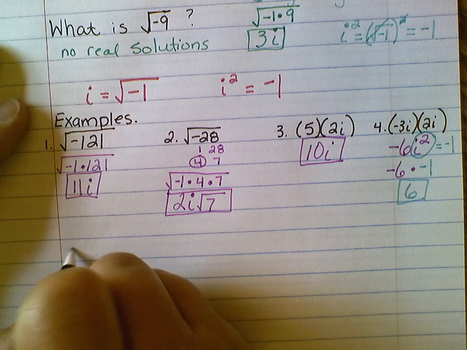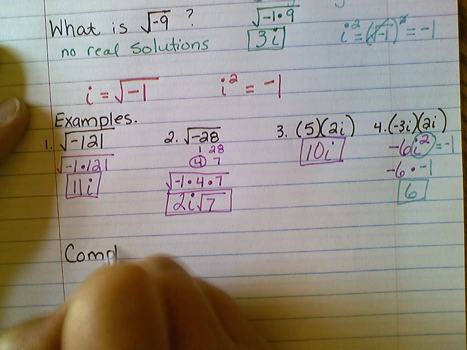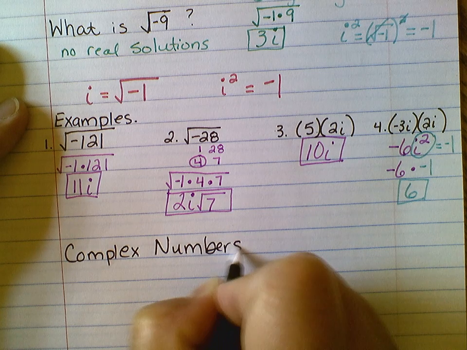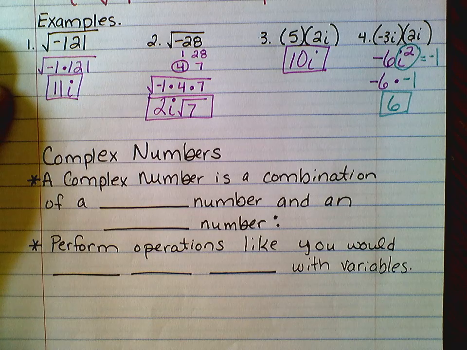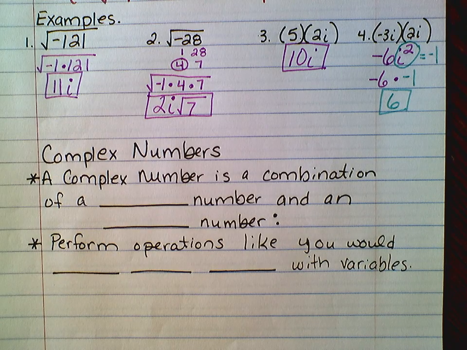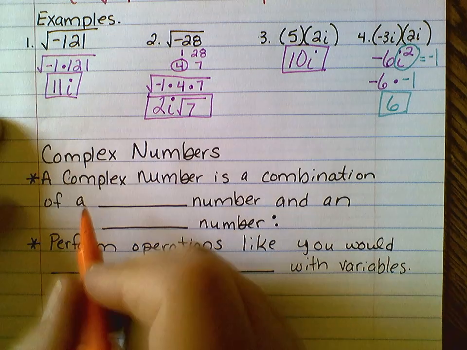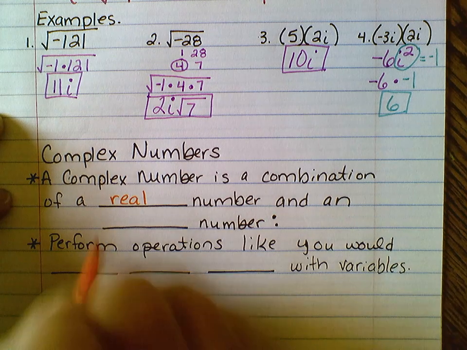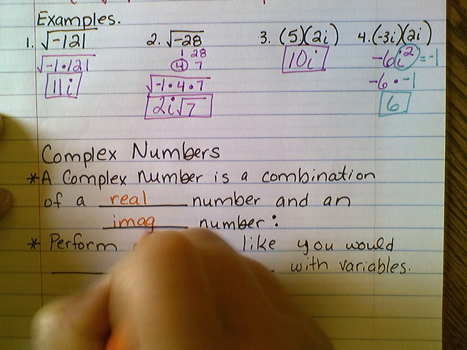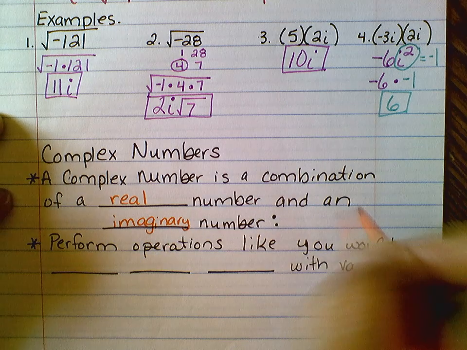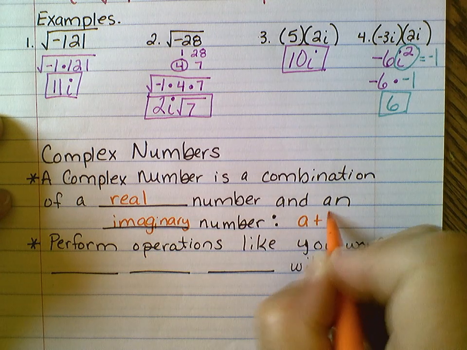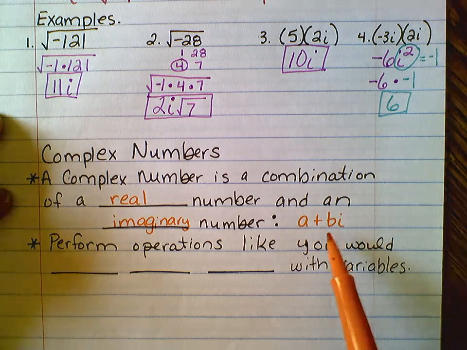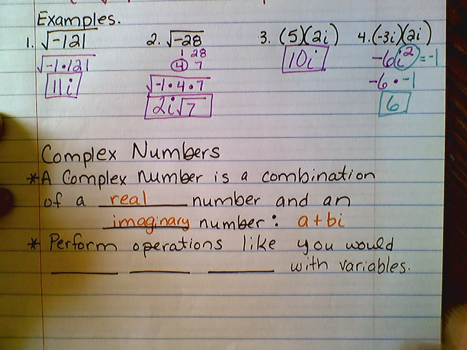So next we have complex numbers. A complex number is a combination of a real number and an imaginary number, and we write it in the form a plus bi. So this actually is one number, even though it looks like two terms added together.